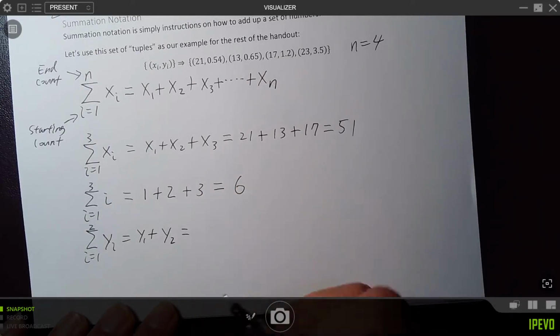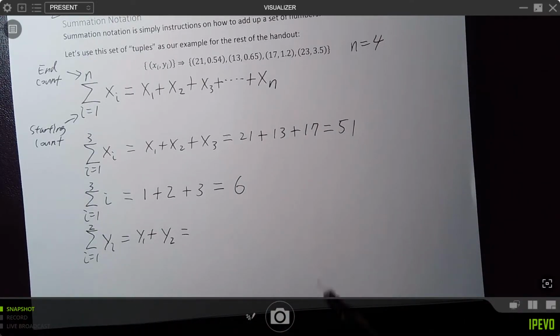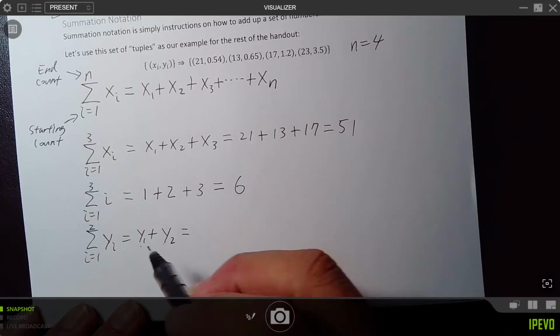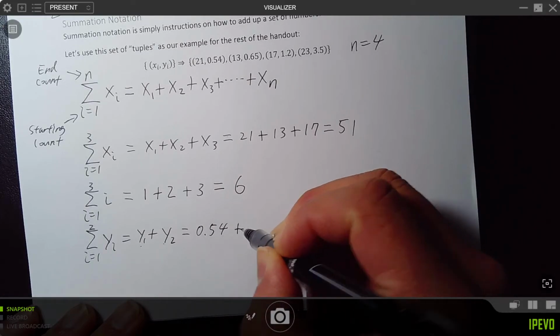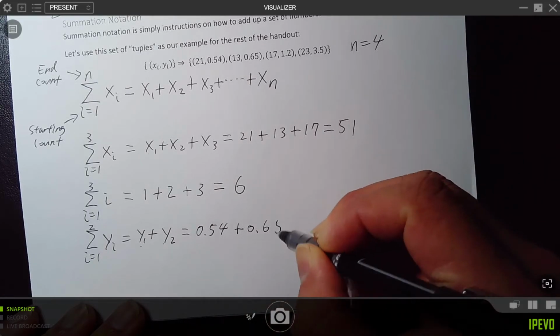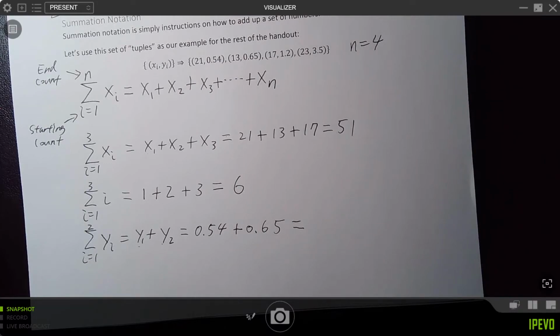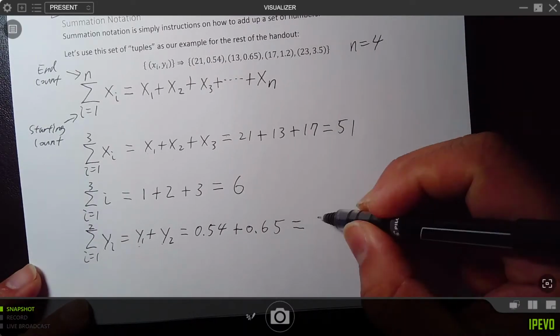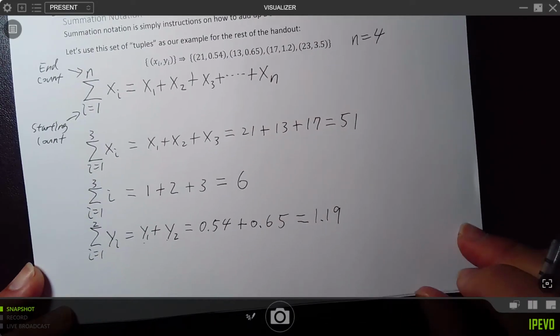When you're beginning to review and practice this, I recommend just writing out what the summation looks like, and that way, from there, it's much simpler. You can just plug things in. 0.54 plus 0.65, and that would give us 1.19.